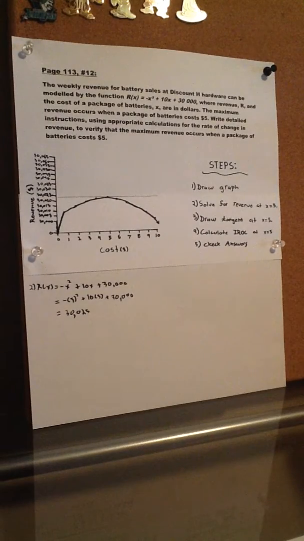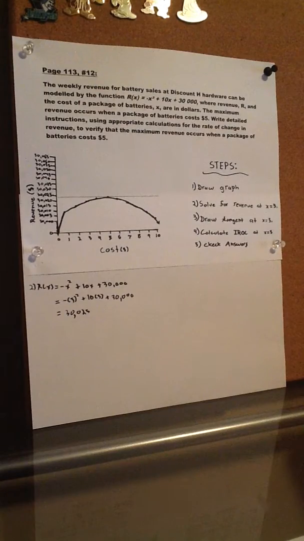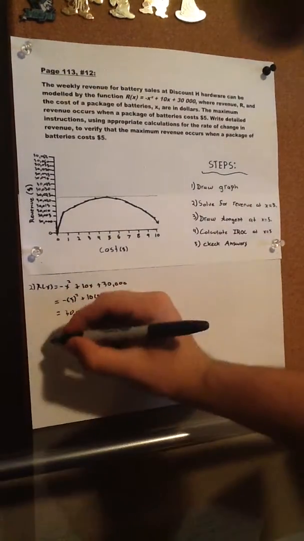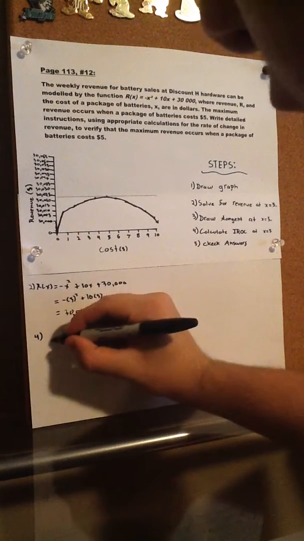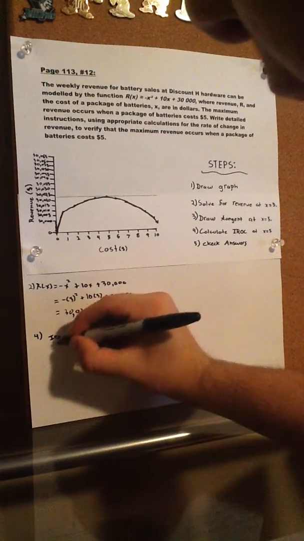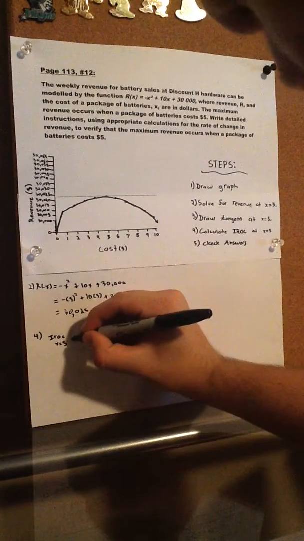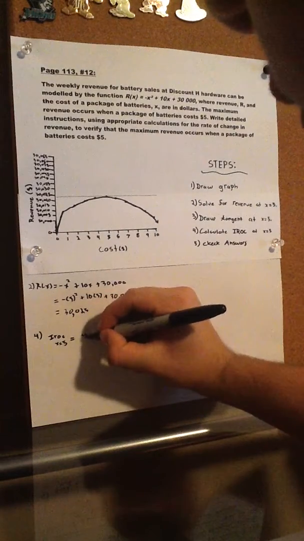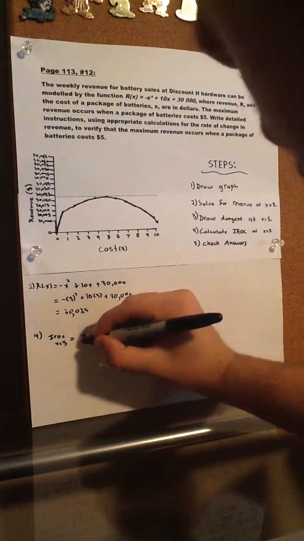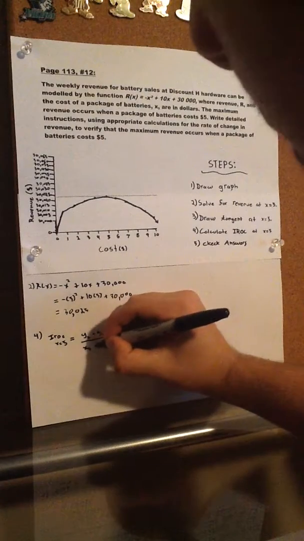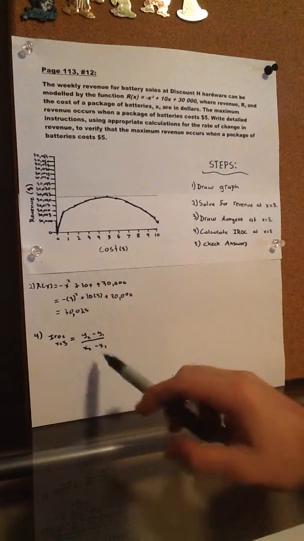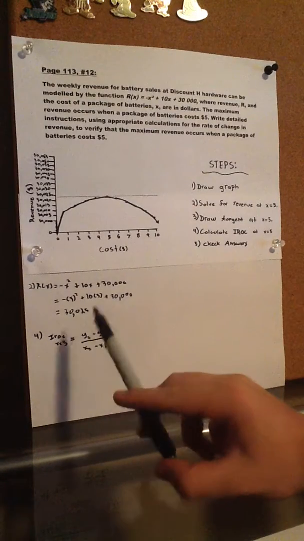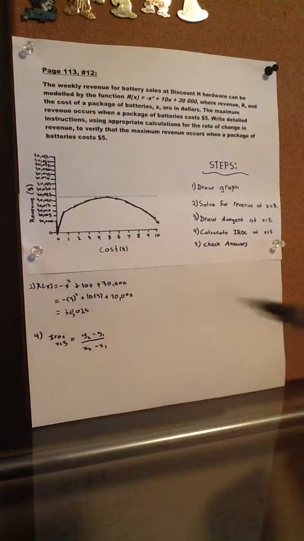Because we do not have 2 points, we can still solve by using a point slightly to the left and a point slightly to the right of x equals 5. So the general formula for IROC at x equals 5 is y2 minus y1 over x2 minus x1. Like I said, because we do not have 2 points, we'll be using a point slightly to the left and a point slightly to the right of x equals 5.